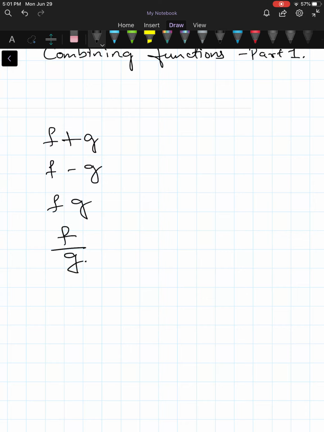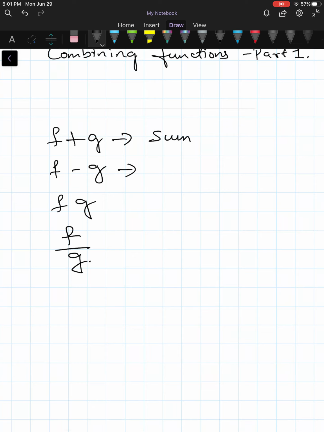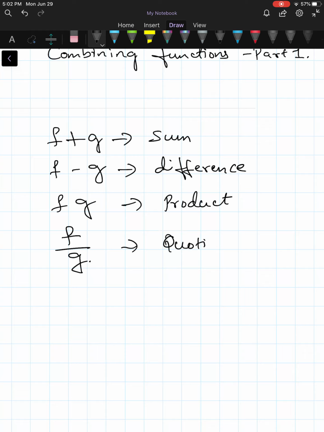So whenever you are performing operations like this, this is called the sum and this is called the difference and this is the product and this is the quotient. Whenever you are asked to perform these operations, you are operating the combined effect of f and g on the domain.